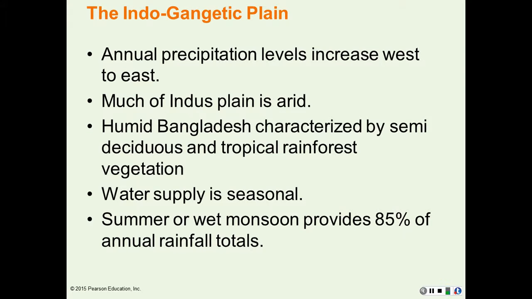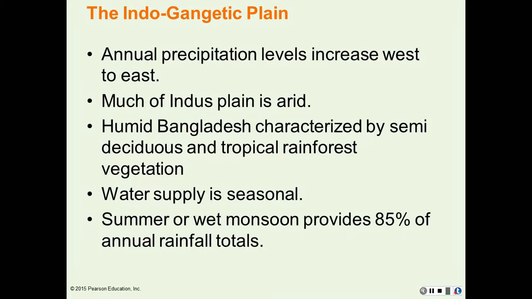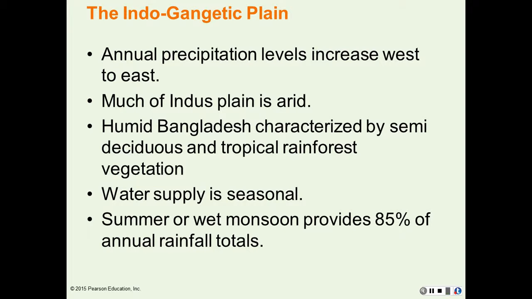In the Indo-Gangetic Plain, annual precipitation levels increase as we go from the west to the east, with the east having the highest amounts of population. Much of the Indus Plain is arid, but is agriculturally strong and has denser population due to the use of irrigation in agriculture in the arid plains in the southern part of the Indus Plain.